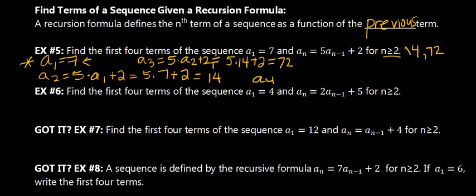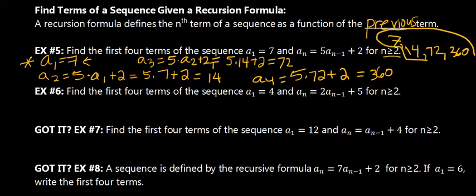Then we have a sub 4, our last term, and I have 5 times 72 plus 2, and that equals, let me do the math here, 360. Now I have actually forgot here to list my first term. So the first 4 terms are 7, 14, 72, and 360.